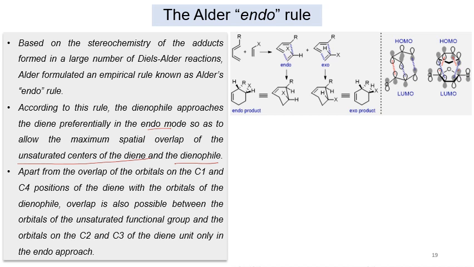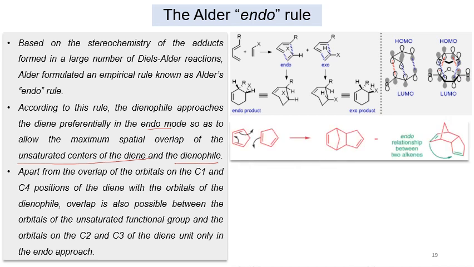Therefore, the overlap is possible between the orbitals of the unsaturated functional group and the orbitals on the C2 and C3 of the diene unit only when an endo approach is possible.